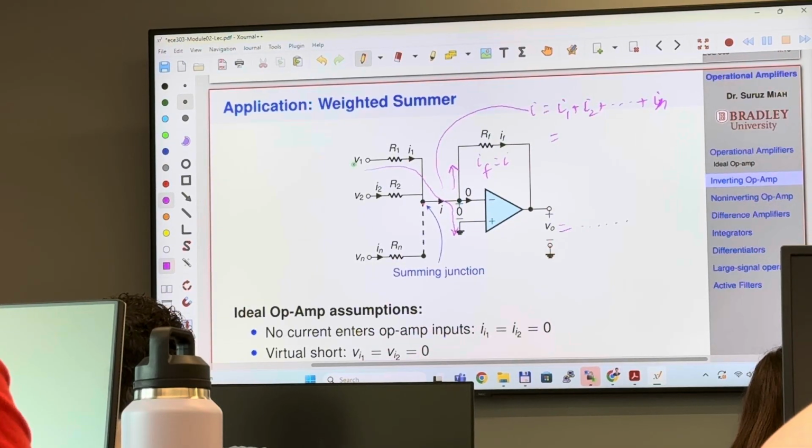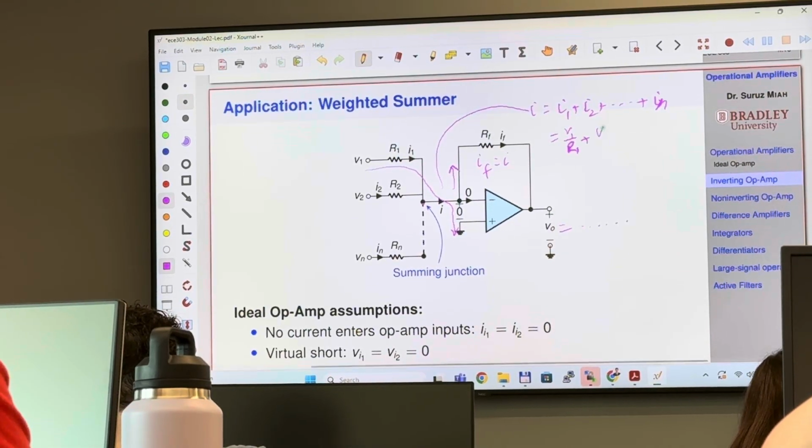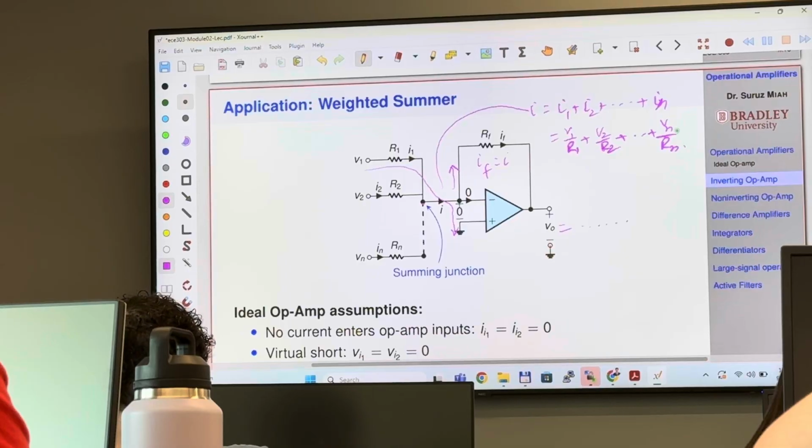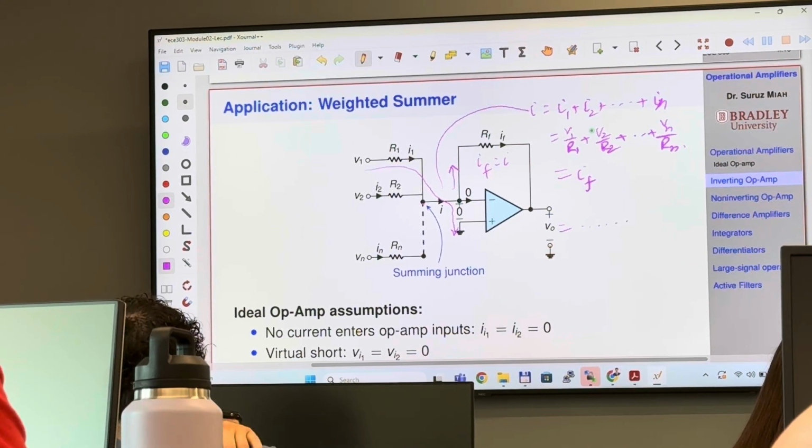So it is simply V1 over R1 plus V2 over R2 plus dot dot plus Vn over Rn. Do you see that? So we got I, and this is exactly same as I. So we got the expression for I.